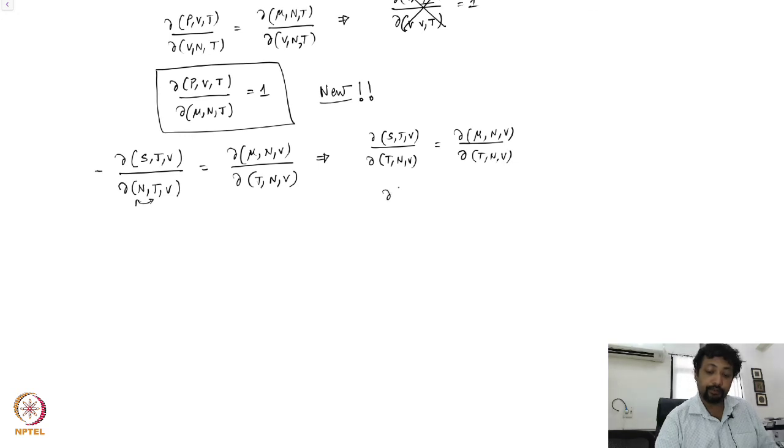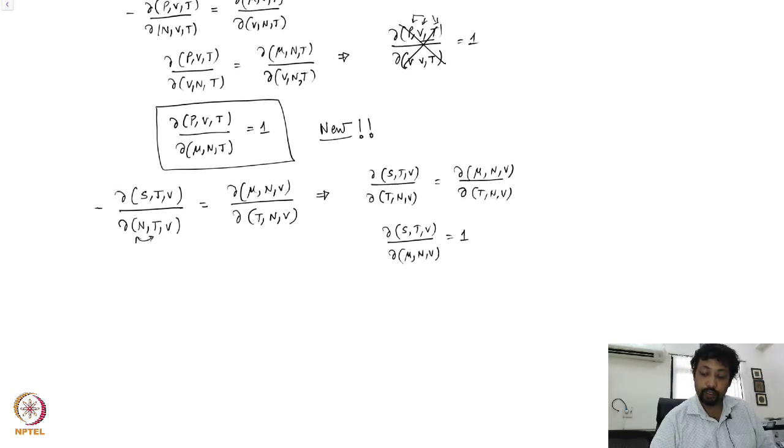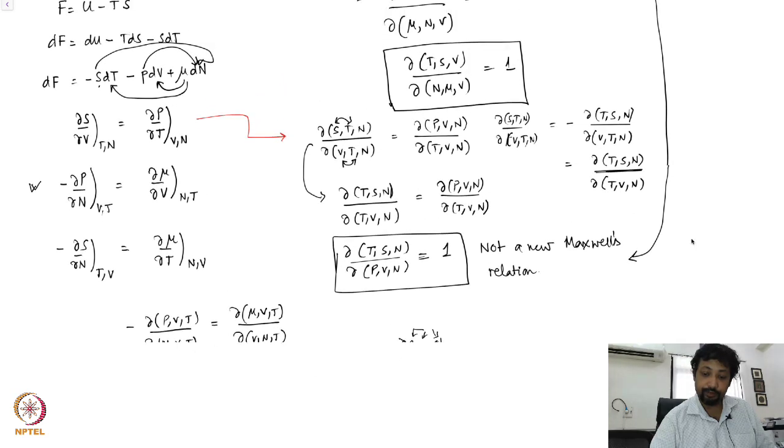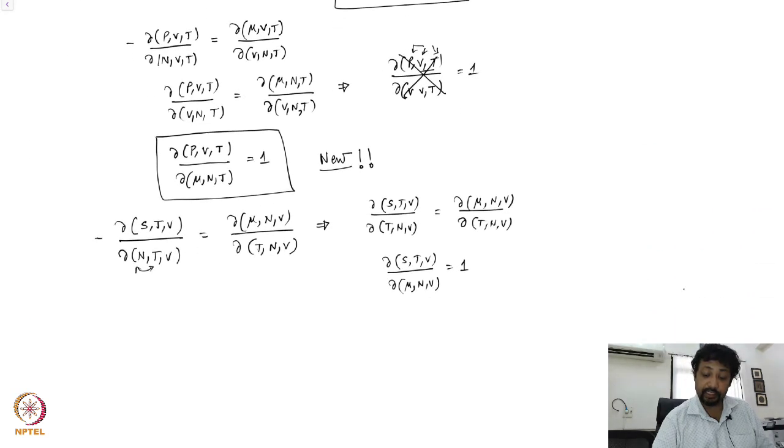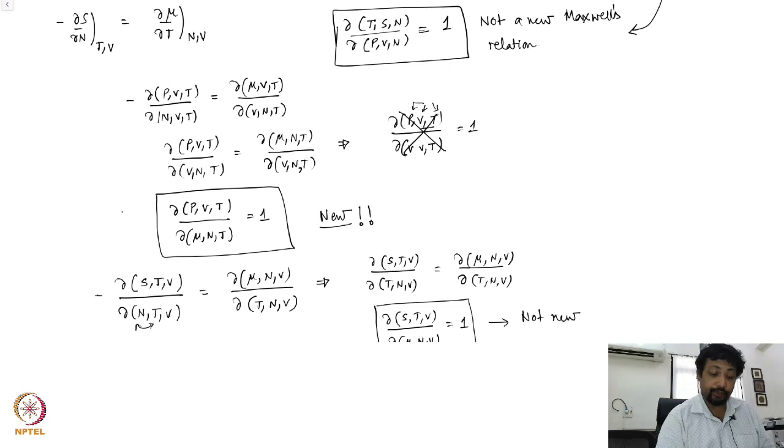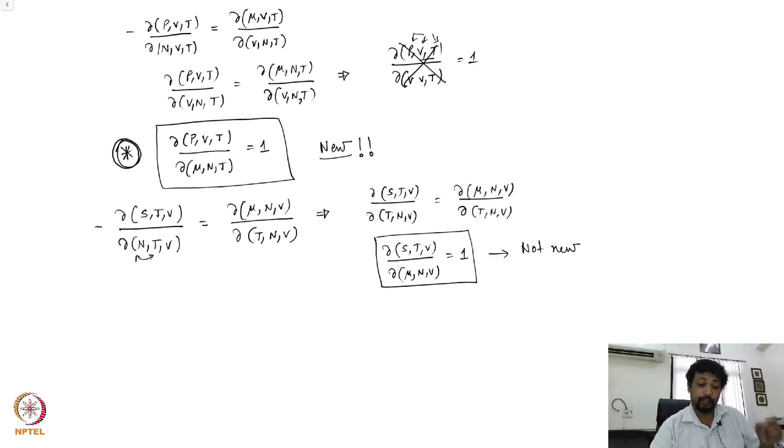And therefore the Maxwell's relation in terms of the Jacobian is del of STV, del of mu NV is equal to 1. We do not have the combination STV. We have this here. So we already have TSV and NUV, and it is exactly this one. So this is again something which is not new. So from the Helmholtz free energy, we only get this as my new Maxwell's relation, right?